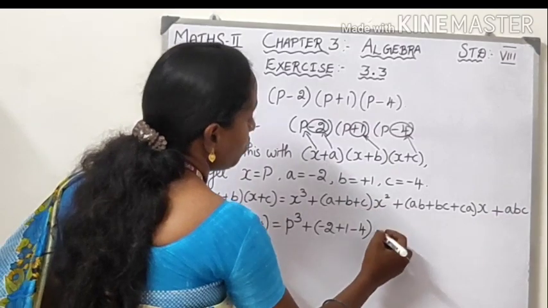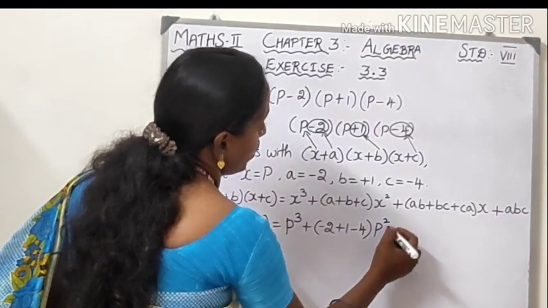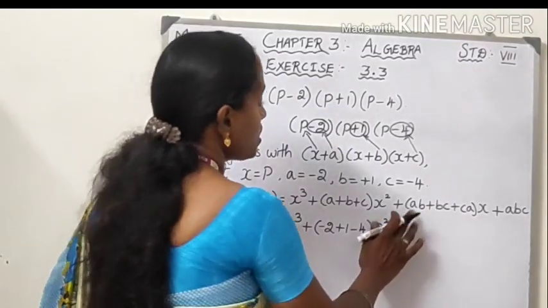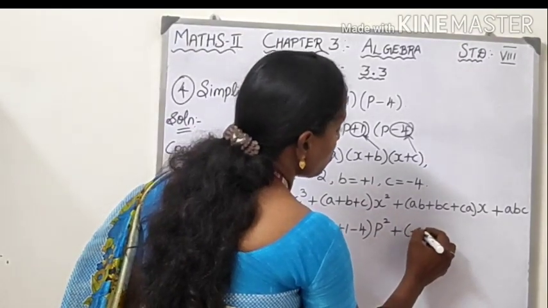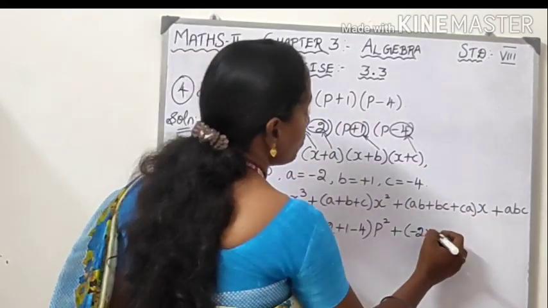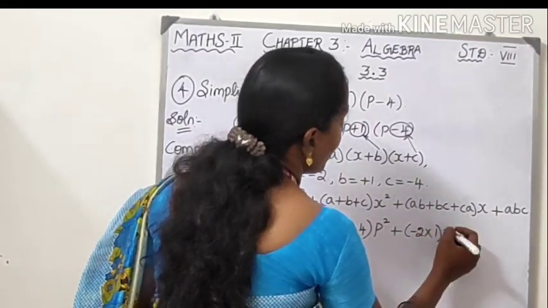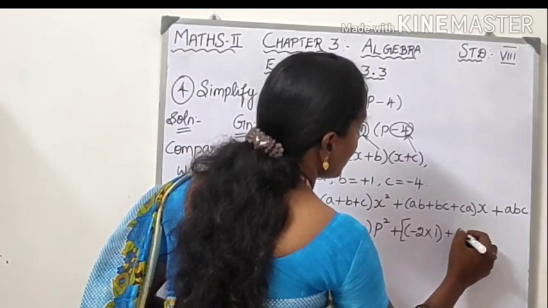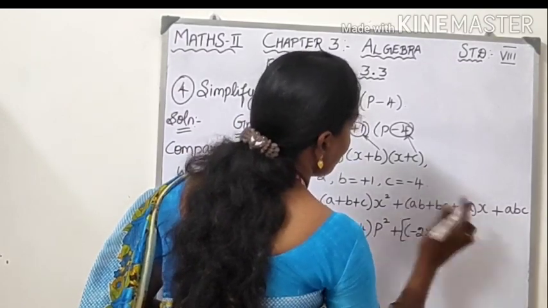What is the x value? It is p. So we can write p square. Since we have square, we can write here p square. Plus, what is the a value? It is minus 2. It should be multiplied. So minus 2 into, what is the b value? It is 1. So minus 2 into 1 plus, what is the b value? It is 1 into, what is the c value?